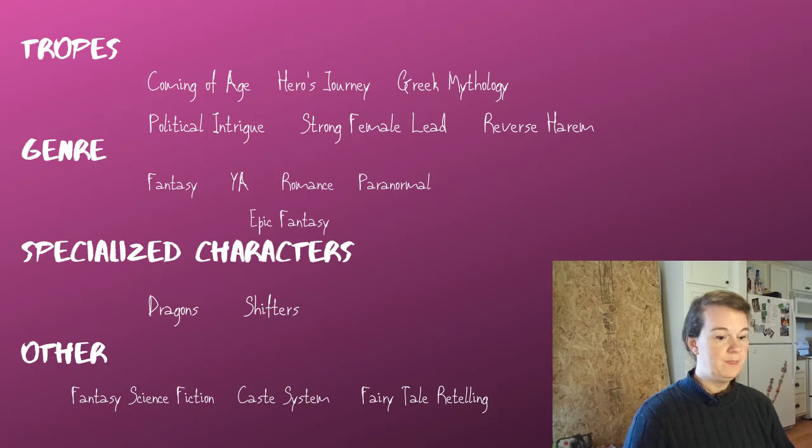Other is for random things you're going to think of and you're probably not going to use, but it might be helpful to fill in the gaps later on. So by all means, jot them down, research them, see where they take you. For mine, there is a heavy science fiction element in the fantasy book, so I wanted to research fantasy science fictions to see how they were best described.